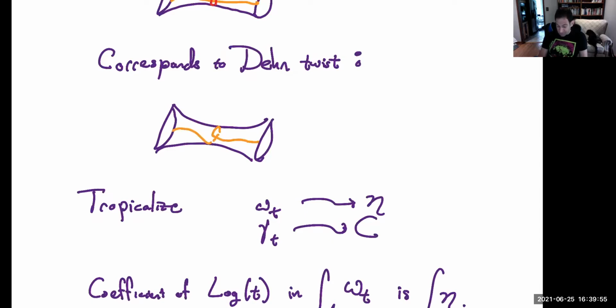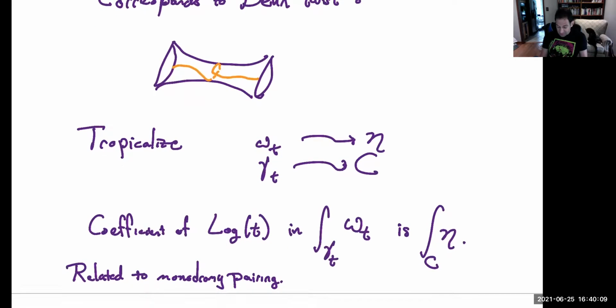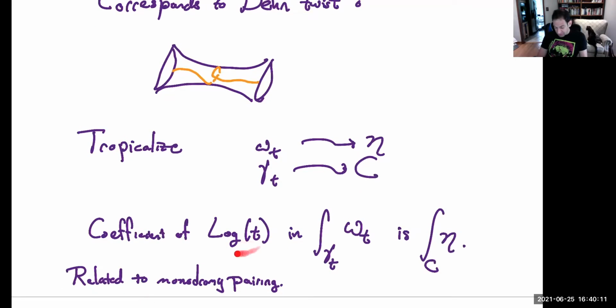So your omega t's give you a tropical one form eta, and your path gamma t becomes a path in the dual graph. So it becomes a cycle in the dual graph, which gives you c. And the coefficient of log t: the asymptotics of this integral, the worst thing that happens is log t as t goes to 0, and the leading term is controlled by this combinatorial term.